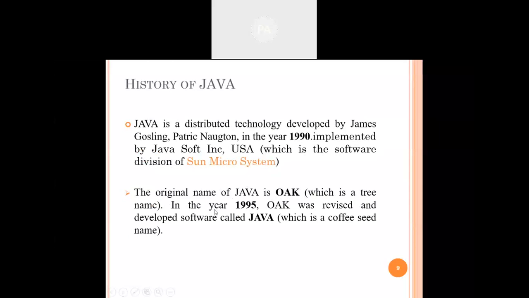In the year 1995, Oak was revised and developed into software called Java, which is a coffee seed name. Earlier the name of Java was Oak, and in 1995 this name was replaced with Java. You should also know why they use the name Java: Java is a coffee seed name. So in 1995 it was revised and developed.